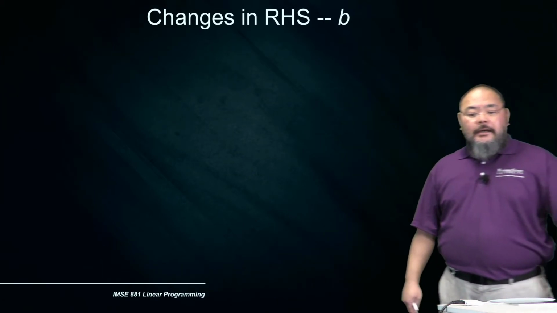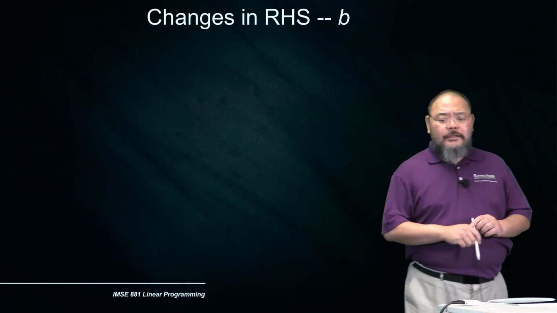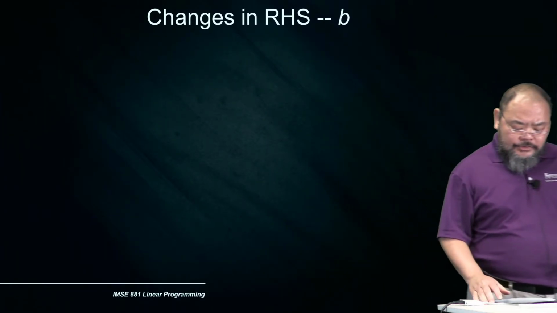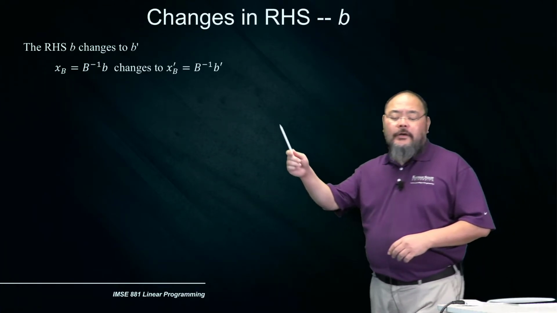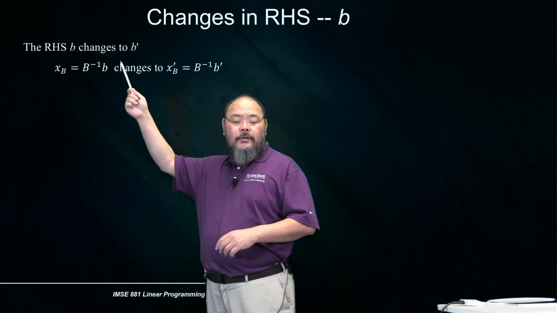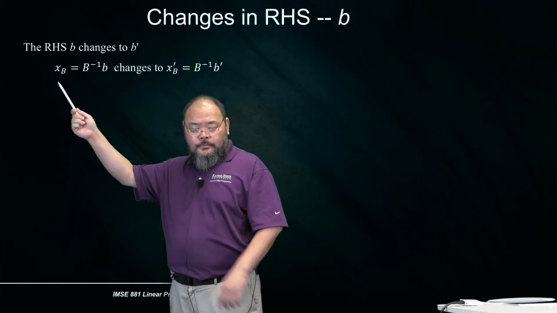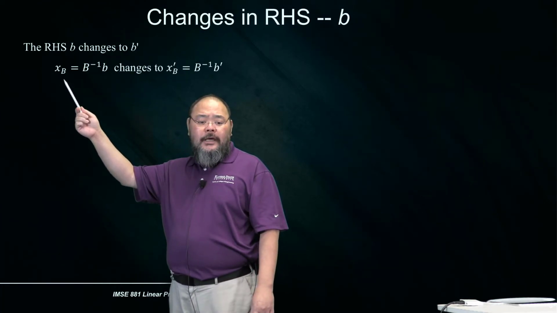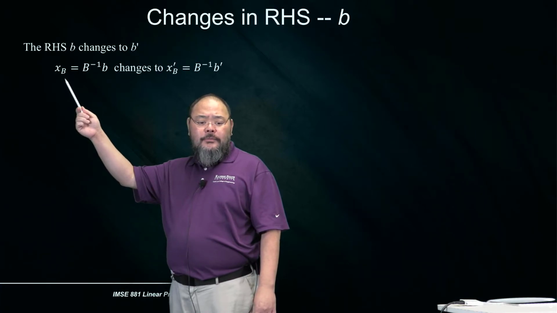Next slide. Let's take a look. What if the right-hand side, b, is changing from b to b prime? One thing we need to calculate is the current basic solution.